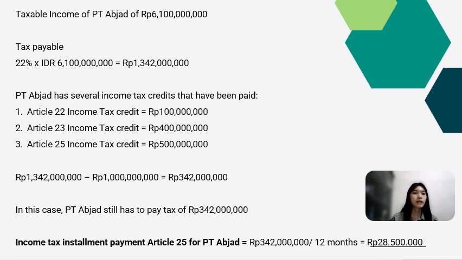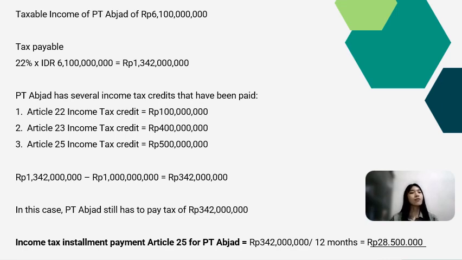So we calculate the tax payable using the 22% rate times the taxable income. We got 1,342 million, and we need to deduct it with the Article 22, 23, and 25 that has been credited. So in this case, PT Abjad still has to pay the tax of 342 million.